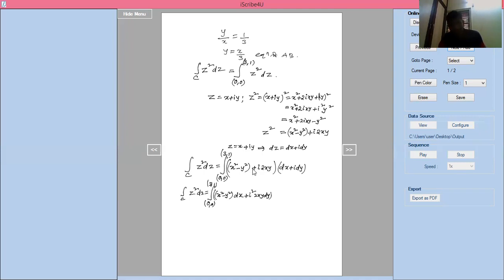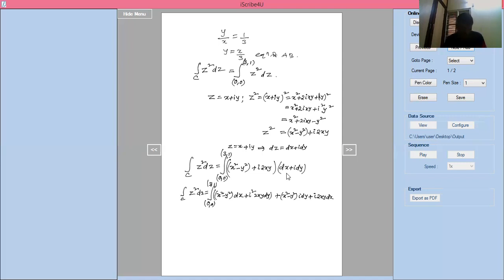Next I multiply x square minus y square into i dy, plus 2xy into dx, plus i into 2xy into dx.